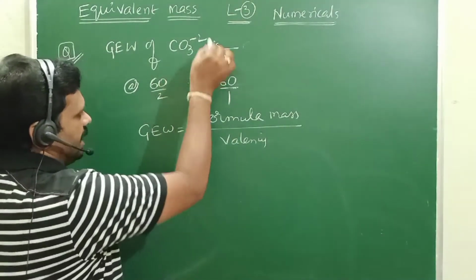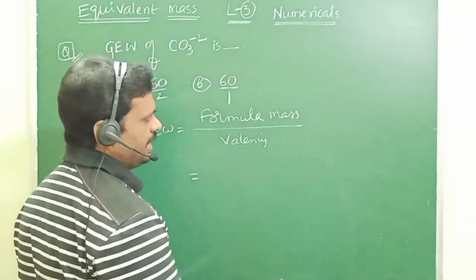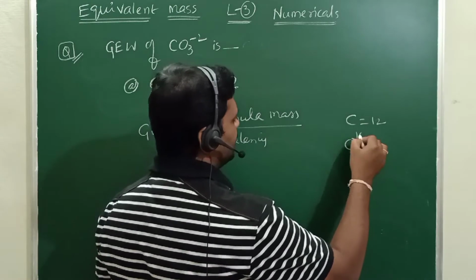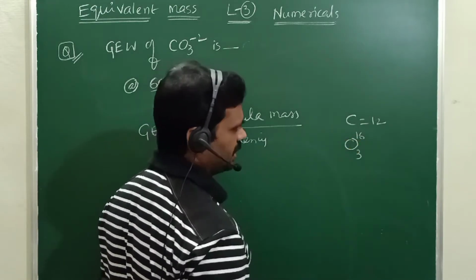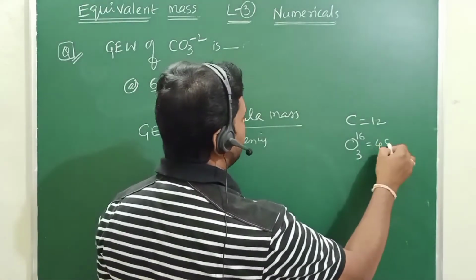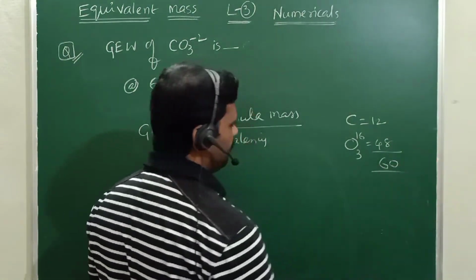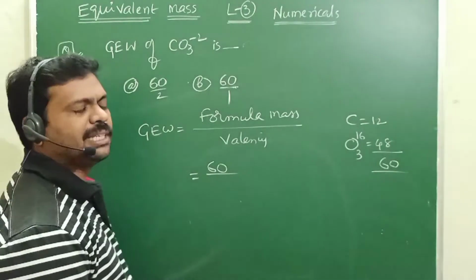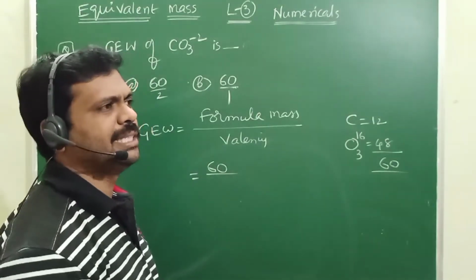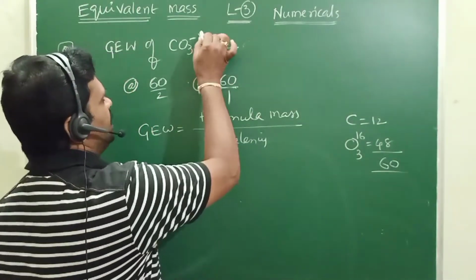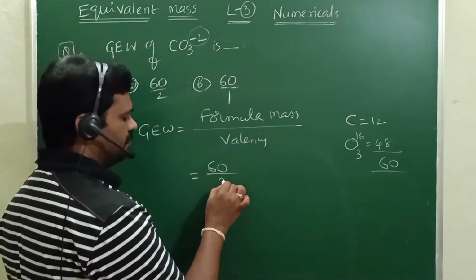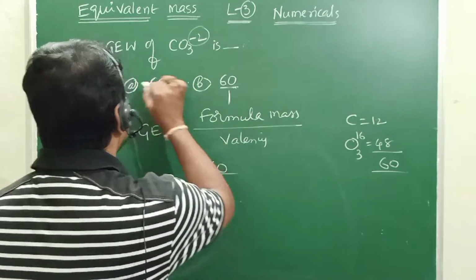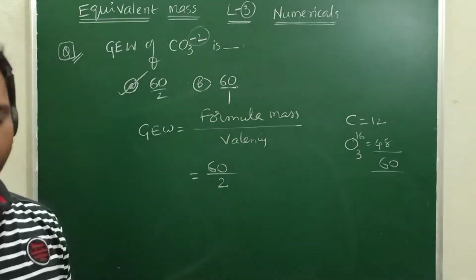So for carbonate ion CO3 2 minus, carbon has atomic mass 12, oxygens are 3, 16 is the atomic mass of oxygen, 16 threes are 48. So you will get 60. So 60 divided by the valency factor, the shortcut is the charge. The charge of this ion is minus 2, and we take the positive. Therefore 60 by 2. A is the option.